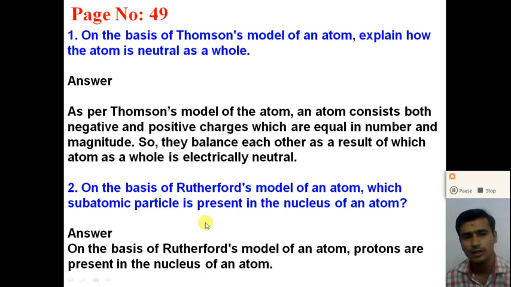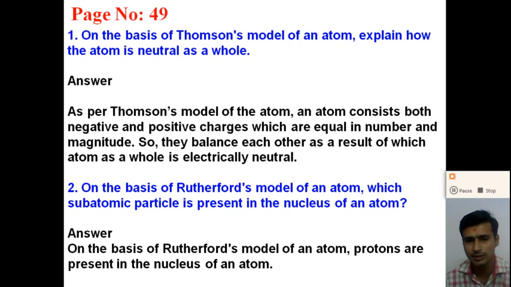Understand? Second question, on the basis of Rutherford's model of an atom, which subatomic particle is present in the nucleus of the atom? On the basis of Rutherford's model, Rutherford stated that all the positive charge is concentrated at the center, and this small central region is called the nucleus.